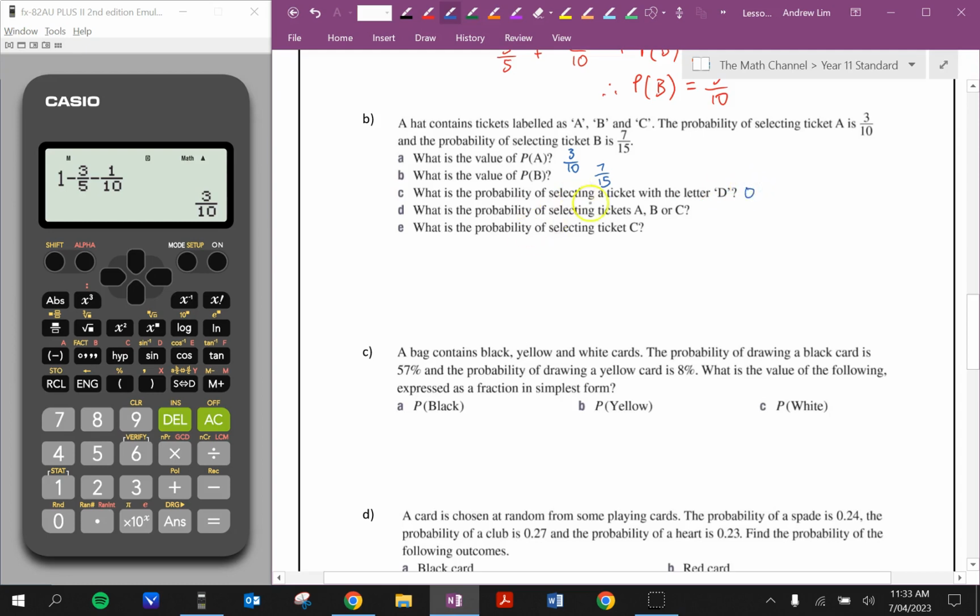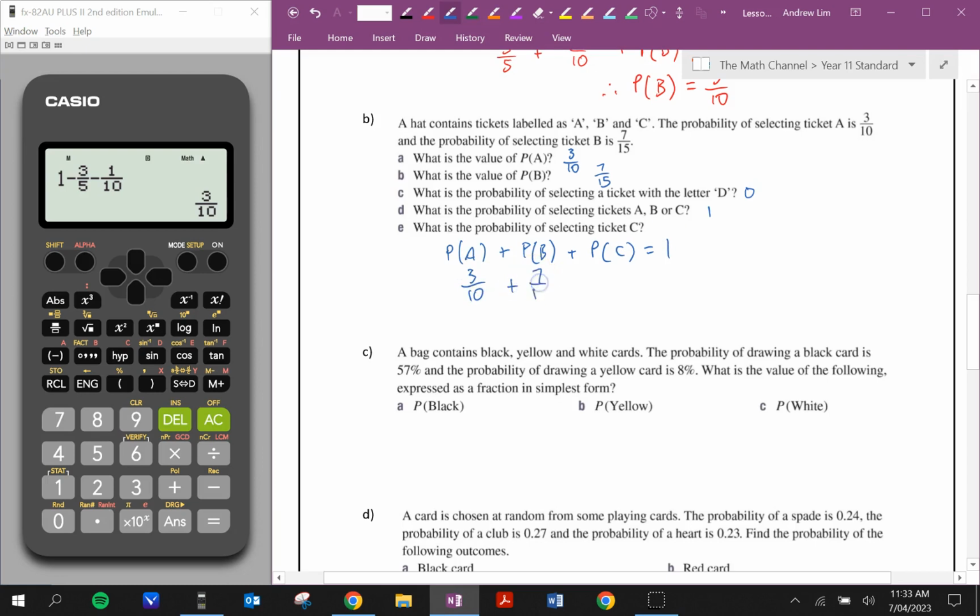What's the probability of selecting tickets A, B, or C? Well, we know there's only A, B, or C, so when we add them all up, we know it's going to add to 1. And what's the probability of selecting ticket C? Well, we know that the probability of A plus the probability of B plus the probability of C is equal to 1. We know A is 3 on 10.